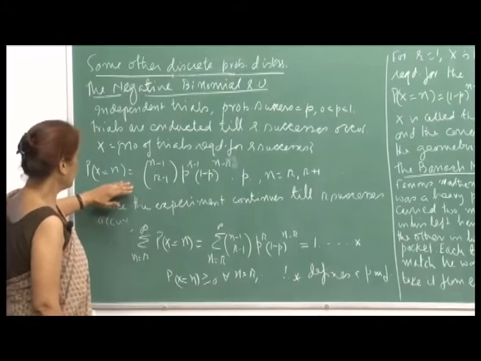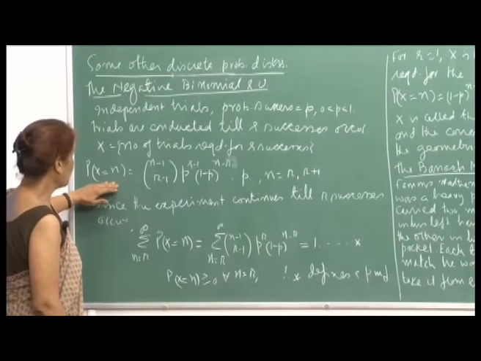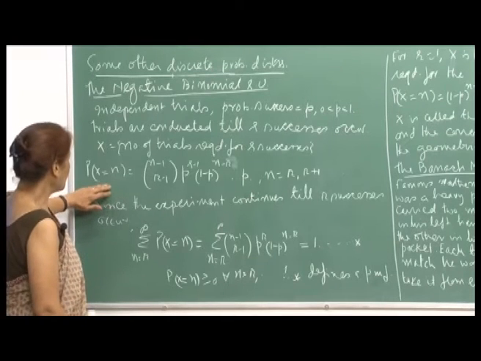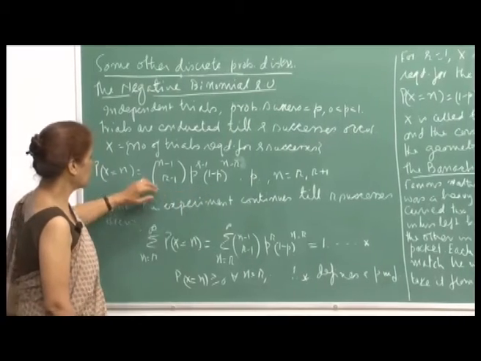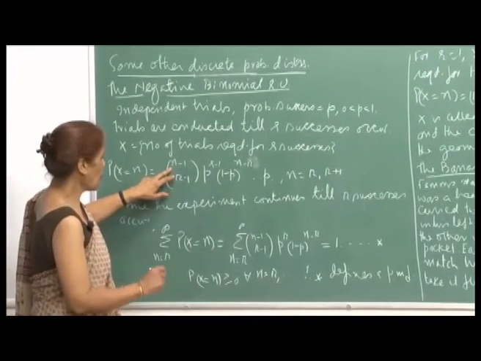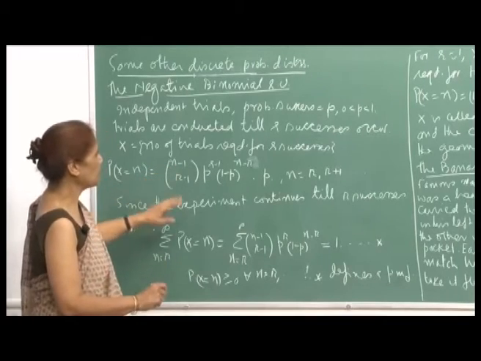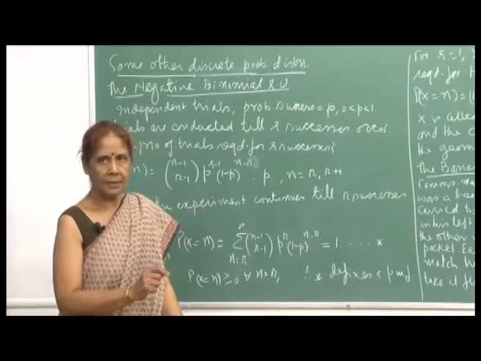So here the random variable is the number of trials. Probability X equal to n is very simple to write down, because you will stop your experiment the moment you hit the rth success.